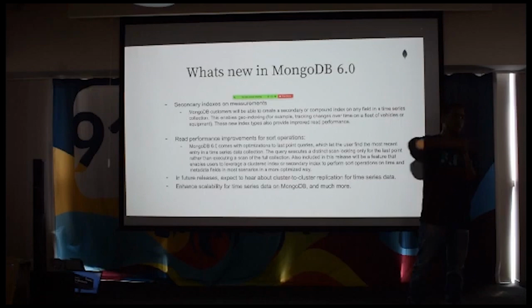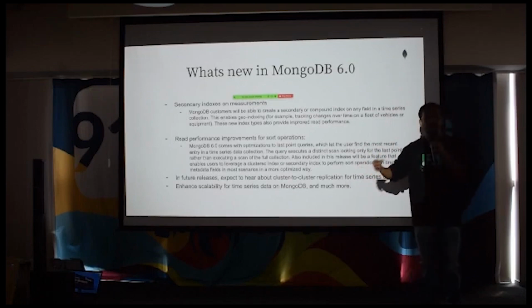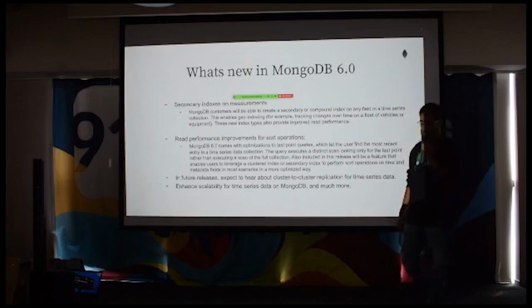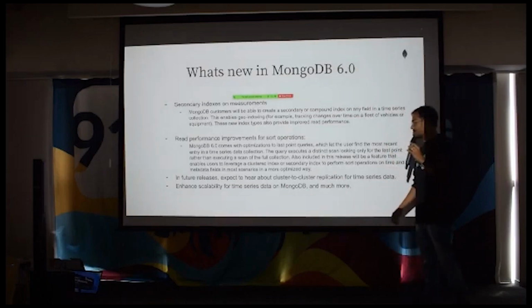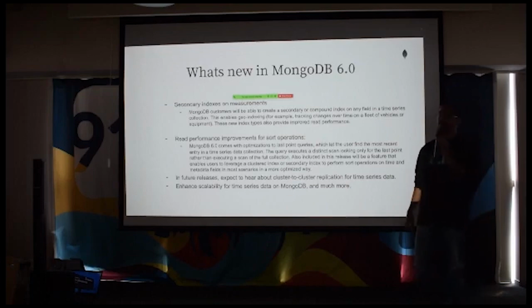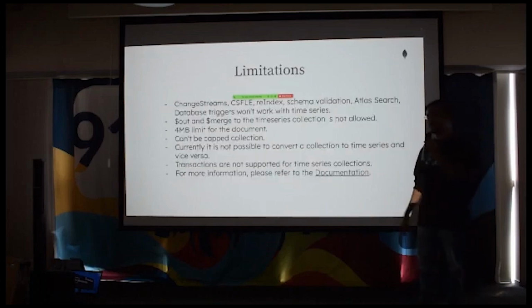So as you load into your memory, it will load based on that particular sort order only. That was a big performance issue in 5.0, whereas it was fixed in 6.0. In the future you can also expect cluster to cluster replication, and scalability in terms of time series collections. Any doubts?